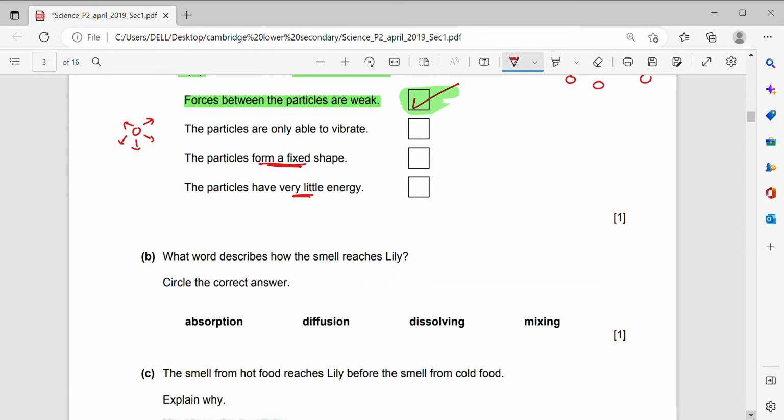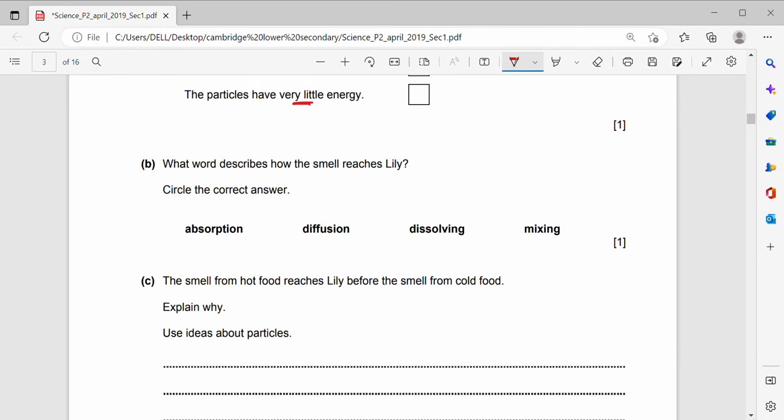طيب, what word describes how the smell reaches Lily? Circle the correct answer. Absorption, diffusion, dissolving, and mixing. إيه هي correct answer? Actually, the correct answer is diffusion. The correct answer is diffusion.